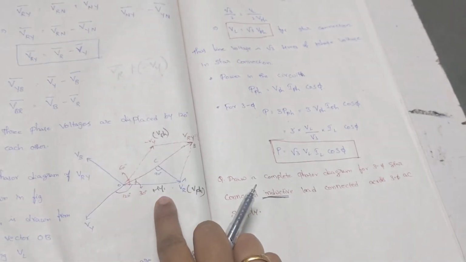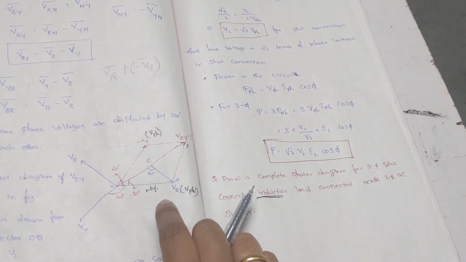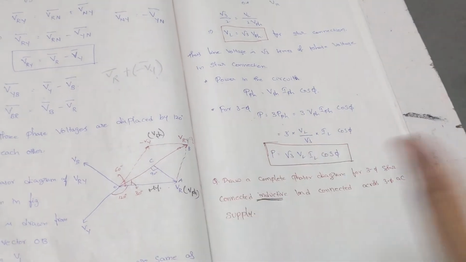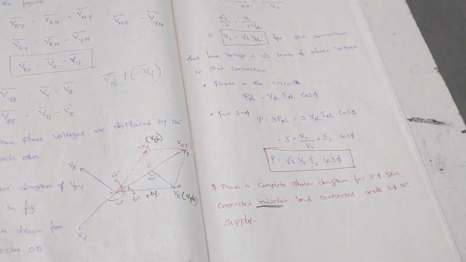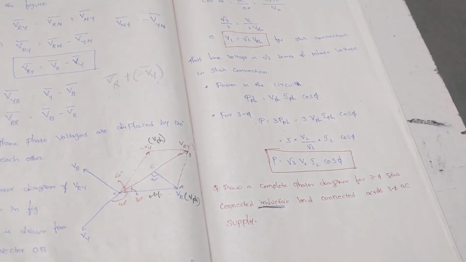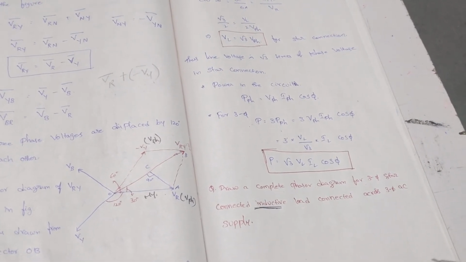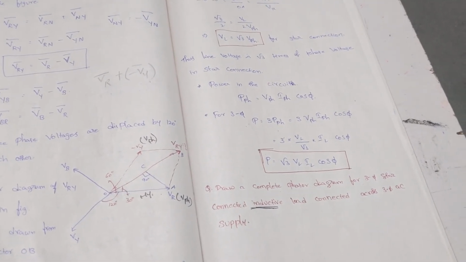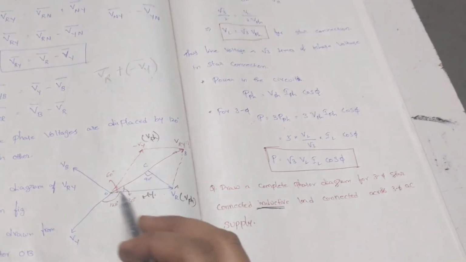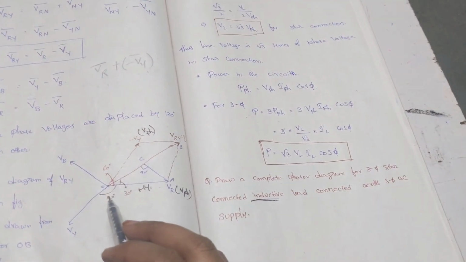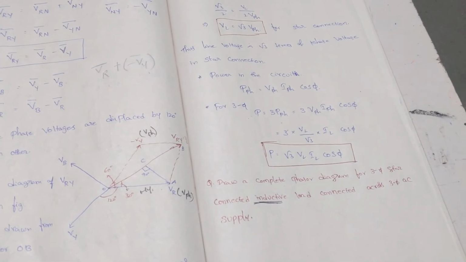If I draw this generally, it would just be a three-phase star connected load phasor diagram, not specifying whether the load is inductive or capacitive, and I'm not considering the currents here. So now I need to draw the phasor diagram.